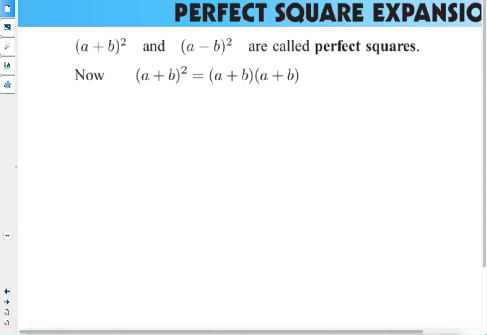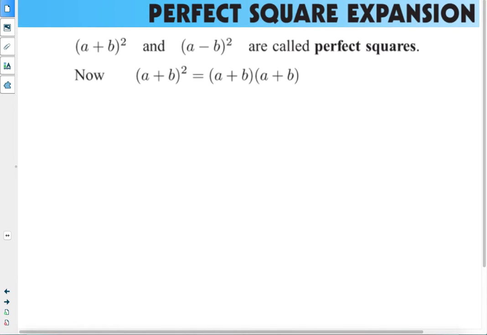So next we're going to talk about perfect square expansion. When we multiply this out, we don't want to make a common error in just trying to distribute a square across an addition sign or a subtraction sign. We need to understand that a plus b squared is equivalent to something times itself. So it's better that we double expand that out.